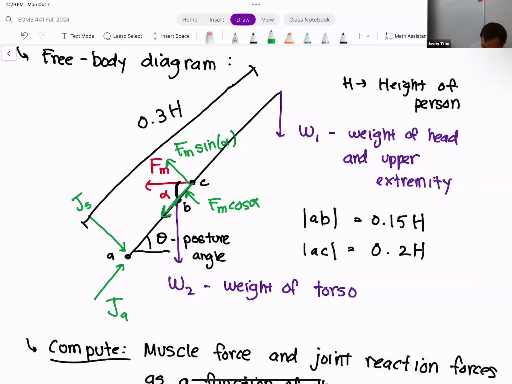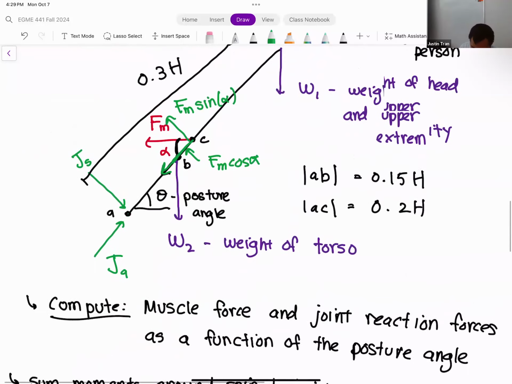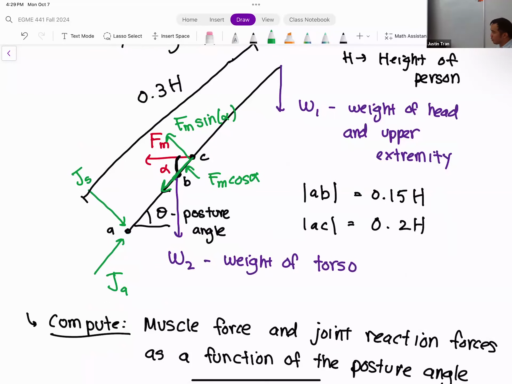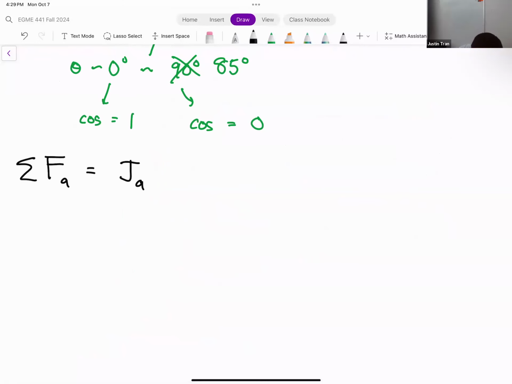So let's take the parallel component. We can see from this figure that Fm cosine alpha is going in the opposite direction as JA, and so we're going to have a minus Fm cosine alpha. So that's our first component there.